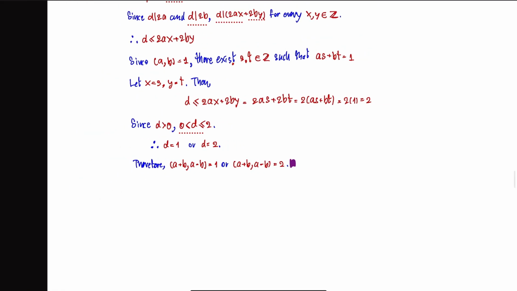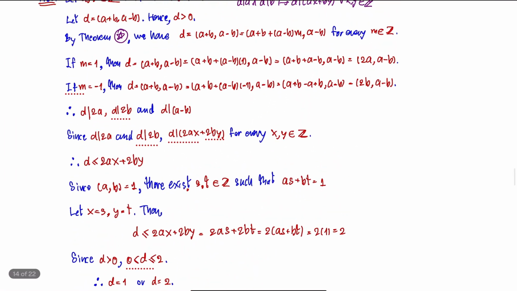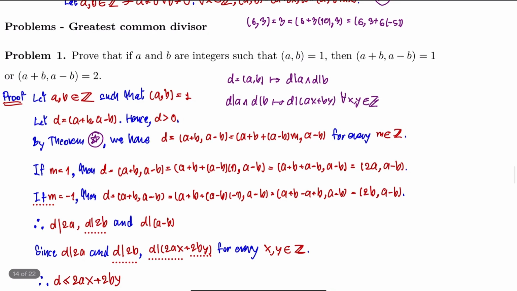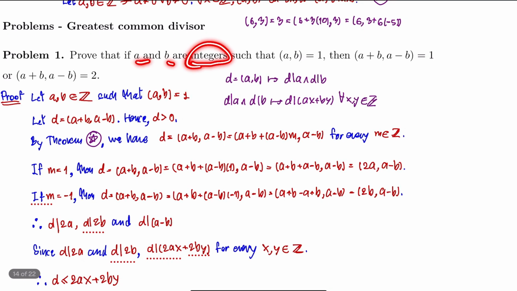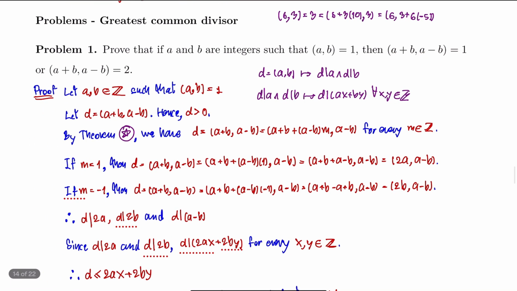Okay? And that's it for this proof. So we have proved that if a and b are integers such that the greatest common divisor of a and b is 1, then the greatest common divisor of a plus b and a minus b is 1, or the greatest common divisor of a plus b and a minus b is 2. Okay? And that's it for this video.